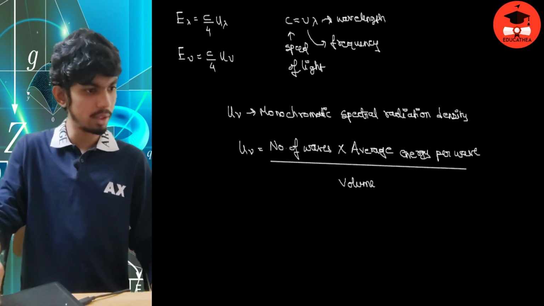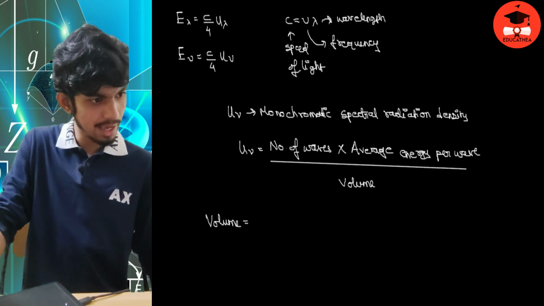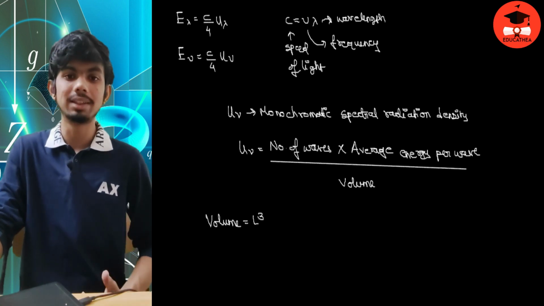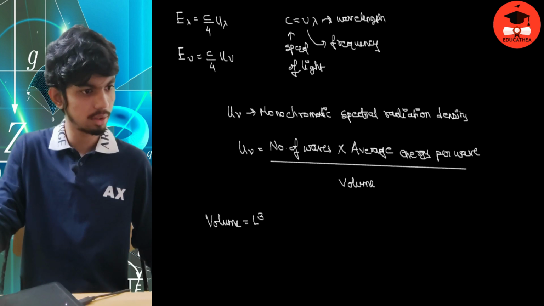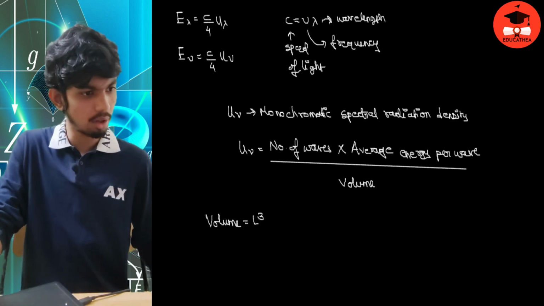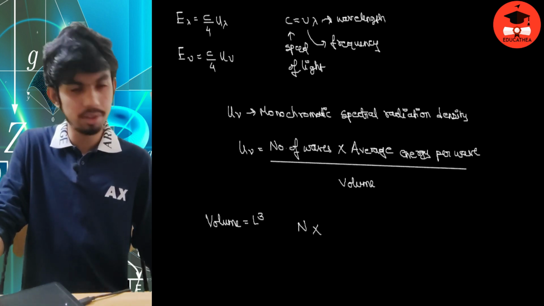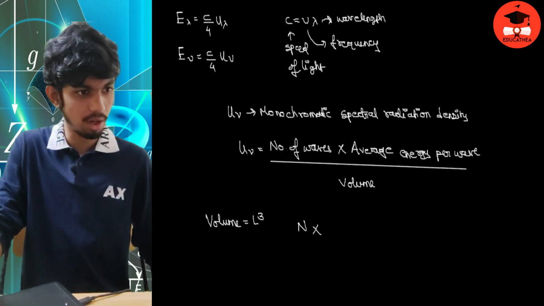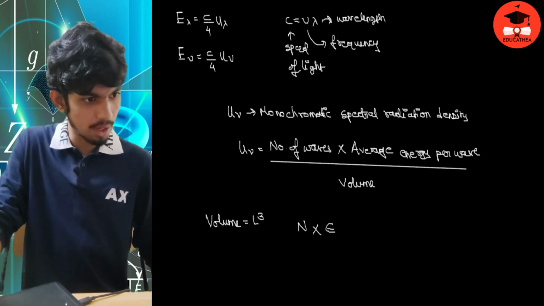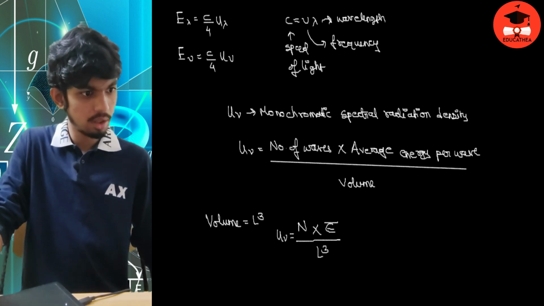And we already know what volume is. Volume is basically L cube, where L is one side length of the cubic box. The number of waves will be represented by something called capital N, and the average energy will be represented by something called epsilon bar. So divided by L cube is basically U nu.